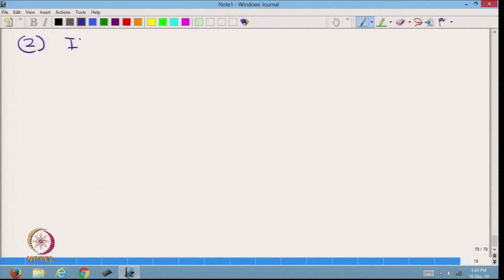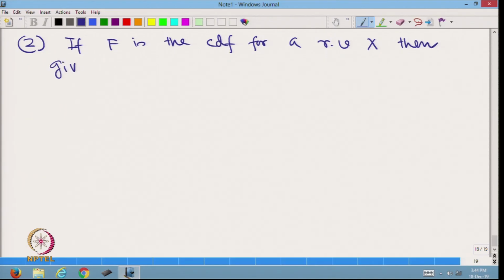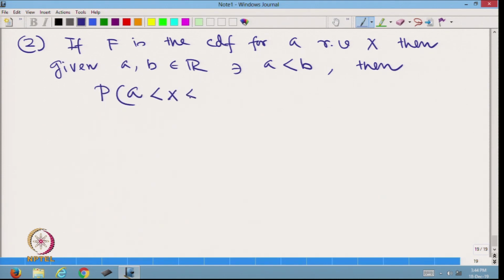2. If F is the CDF for a random variable X, then given a, b belonging to R such that a is less than b, then probability a less than X less than equal to b is equal to F of b minus F of a.